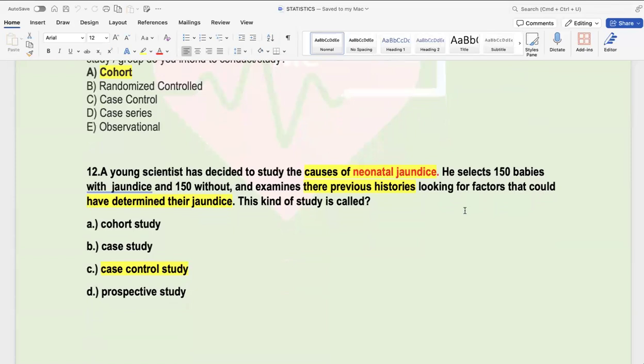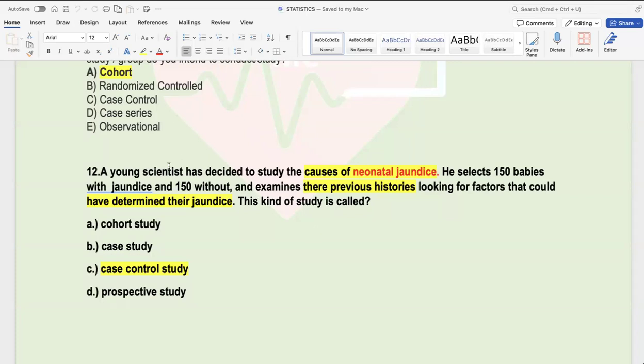Have a look at this one. A young scientist has decided to study the causes of neonatal jaundice. He selects 150 babies with jaundice and 150 without, and examines their previous histories looking for factors that could have determined their jaundice. What is this study called?